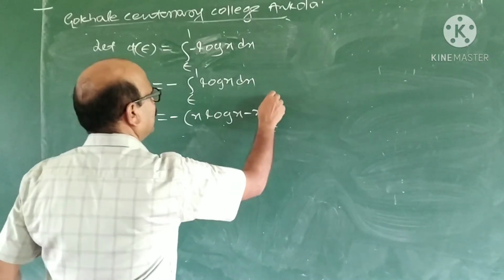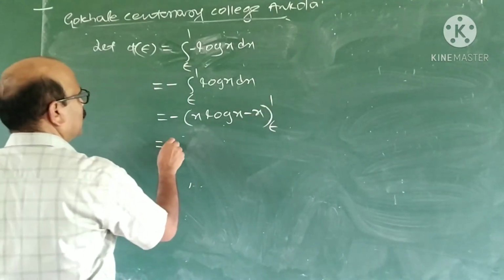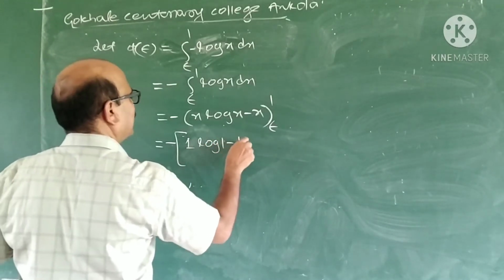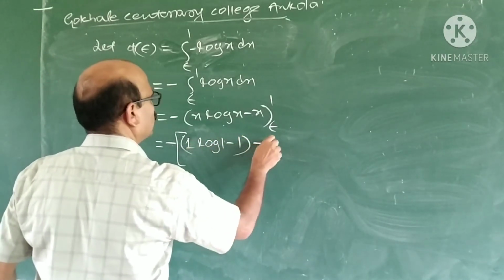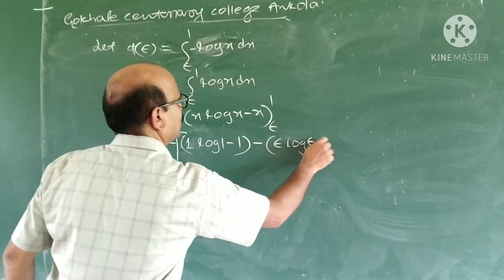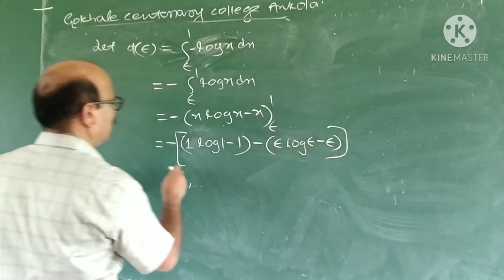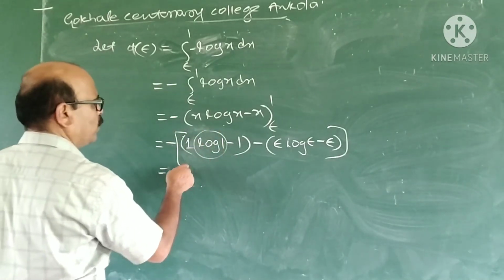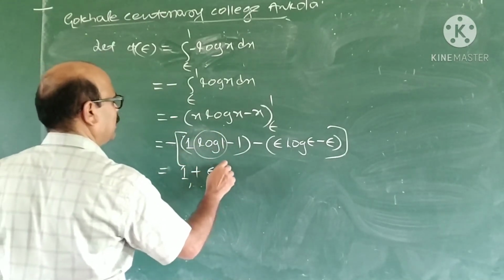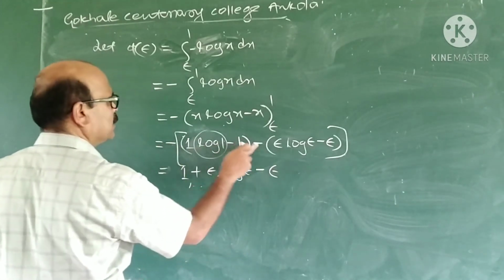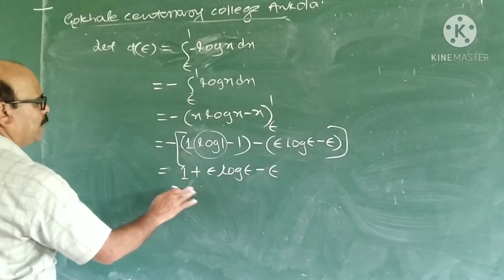So from epsilon to 1 it is minus of (1 log 1 minus 1) minus (epsilon log epsilon minus epsilon). Log 1 is 0. Therefore it is 1 plus epsilon log epsilon minus epsilon.